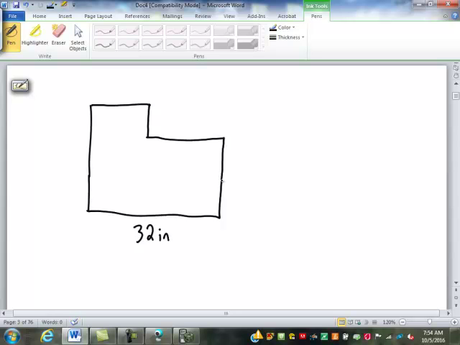We'll say that that's 32 inches. That's 21 inches. This over here is 15 inches, and this is 12 inches.